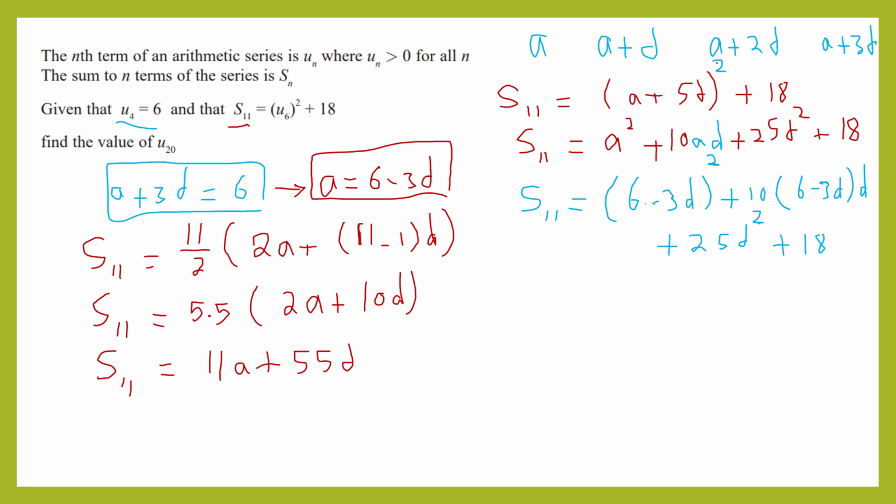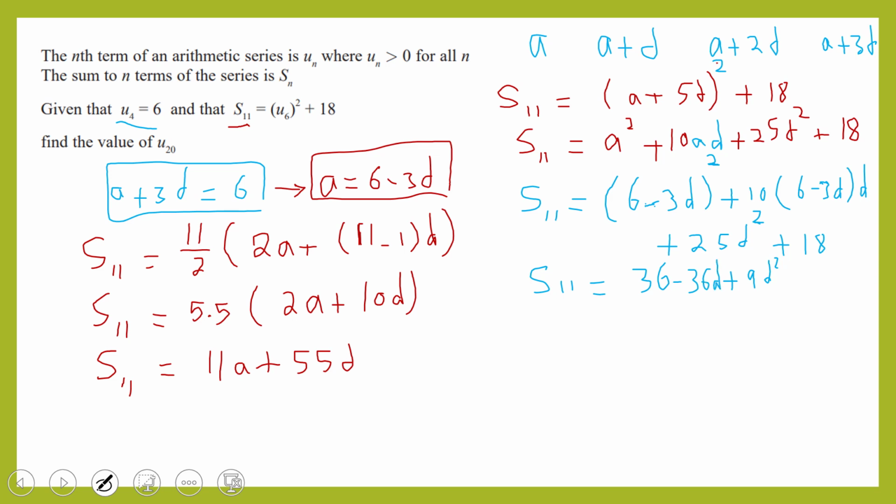By expanding this, S11 can be written as 36 plus 9d squared minus 3 times 6 is 18, times 2 is 36d.